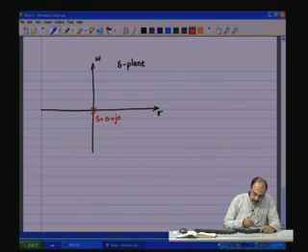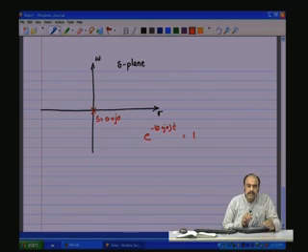Which means at this point, if I look at the time evolution, which is the exponential e to the power of minus (0 plus j 0) into t, which is equal to 1. So, it is just a constant 1, no growth, no decay.